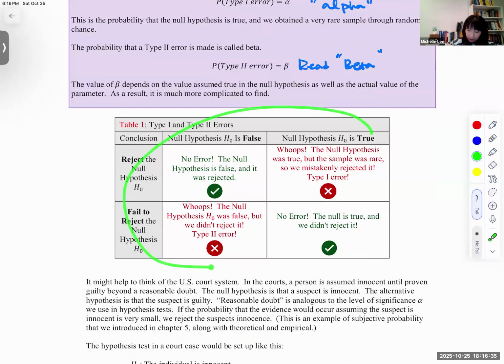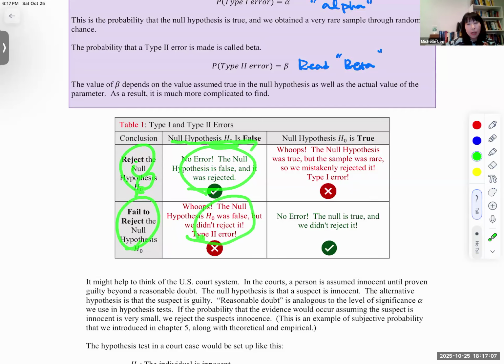Now let's take a look at this table. Let's think. The null hypothesis is false. If the null hypothesis is false, then we do reject the null hypothesis test, right? So reject the null hypothesis test. That is true, right? Okay. Fail to reject, even though the null hypothesis is false, then that's the type 2 error, right?